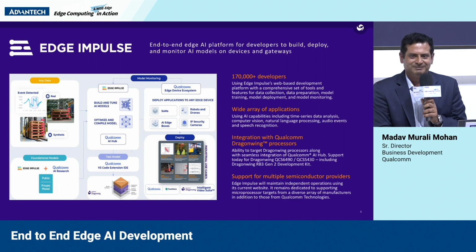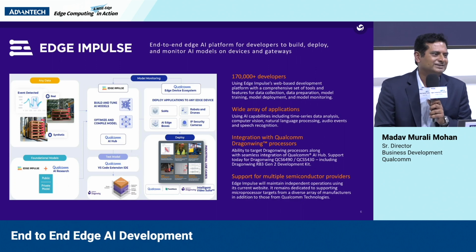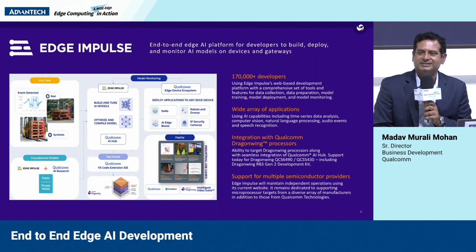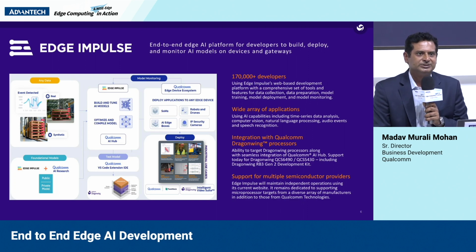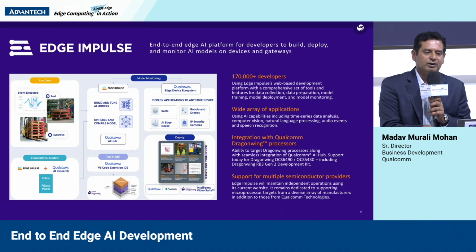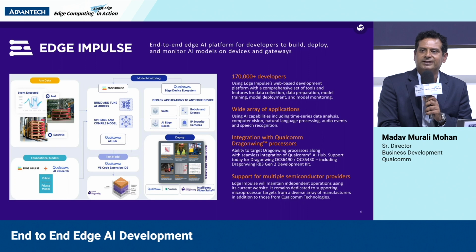But now in the 2 weeks since then, we have more than 190,000 developers registered. So they're growing very rapidly. What makes Edge Impulse so special and so interesting is that this is the largest developer community for end-to-end Edge AI development.